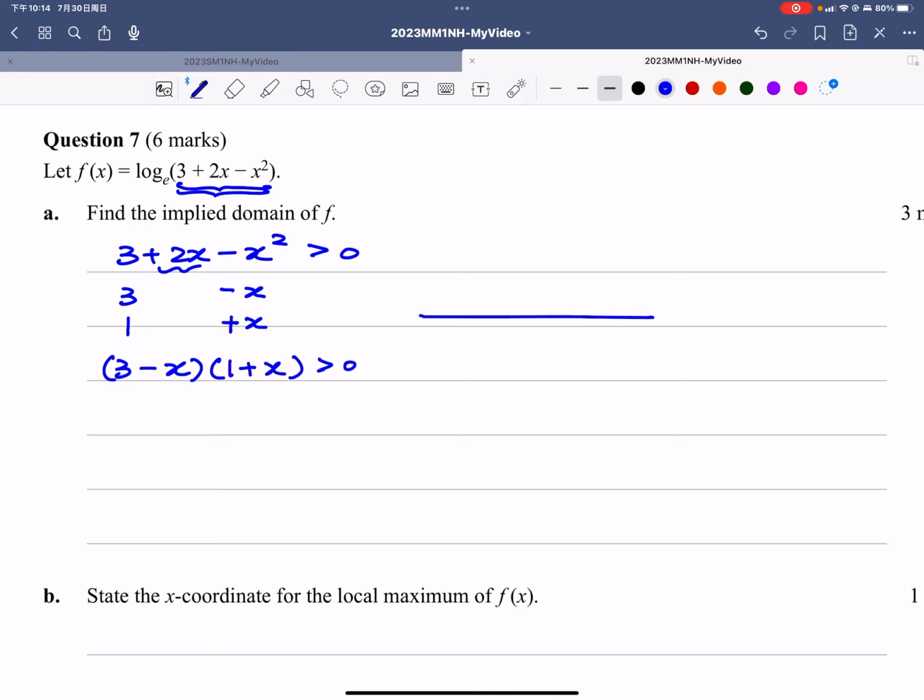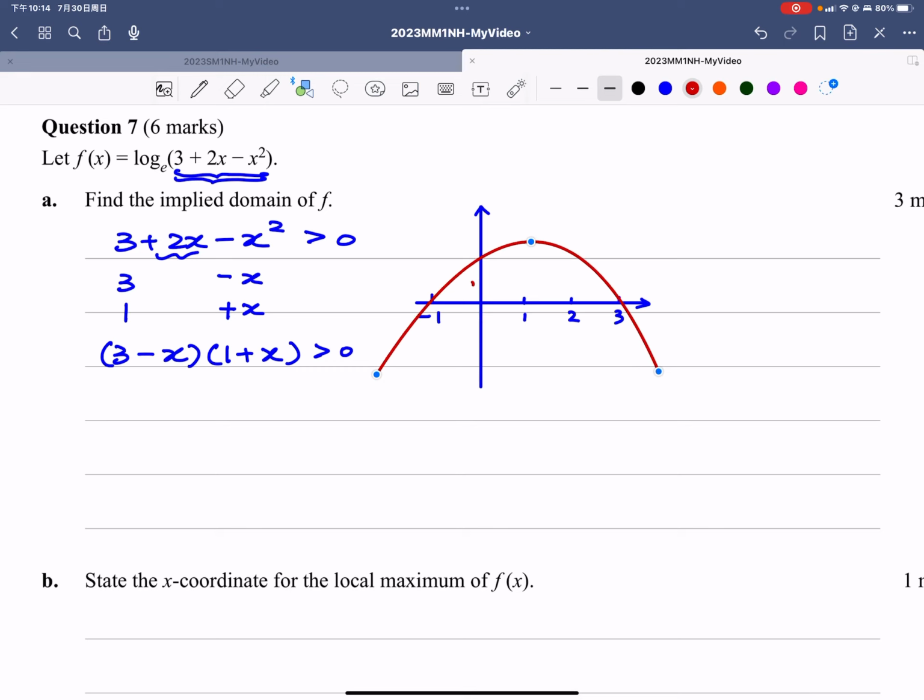Then think about a quadratic graph. I should get something like this is a minus 1, 1, 2, 3. So we can trace out a quadratic curve, a parabola. Okay, here comes a parabola with the turning point at 1, I suppose. Okay, if it's greater than 0, then this is a negative parabola.